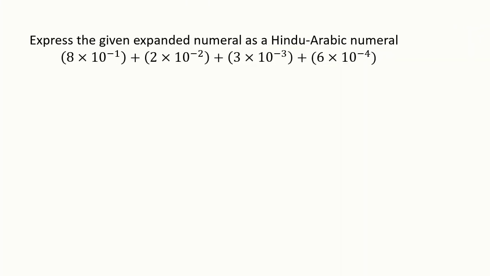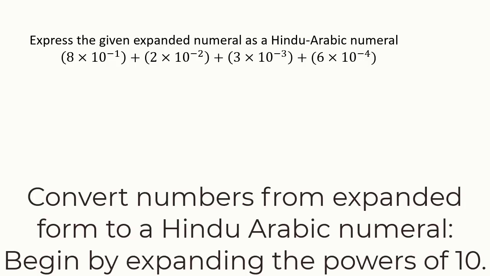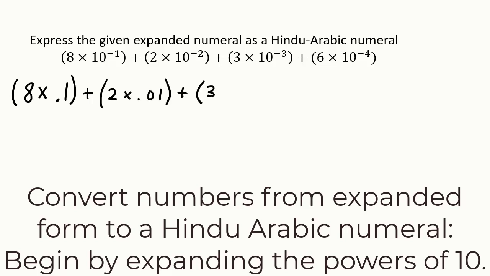Express the given expanded numeral as a Hindu-Arabic numeral. To begin, we're going to first expand those powers of 10 to see what they look like. 8 times 10 to the negative first means we have 8 times 0.1, plus 2 times 10 to the negative second. 10 to the negative second is 0.01, plus 3 times 10 to the negative third is 3 times 0.001. 6 times 10 to the negative fourth is 6 times 0.0001.